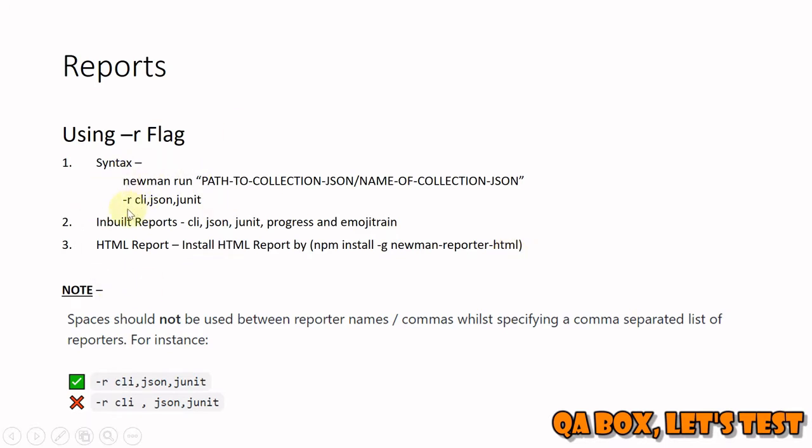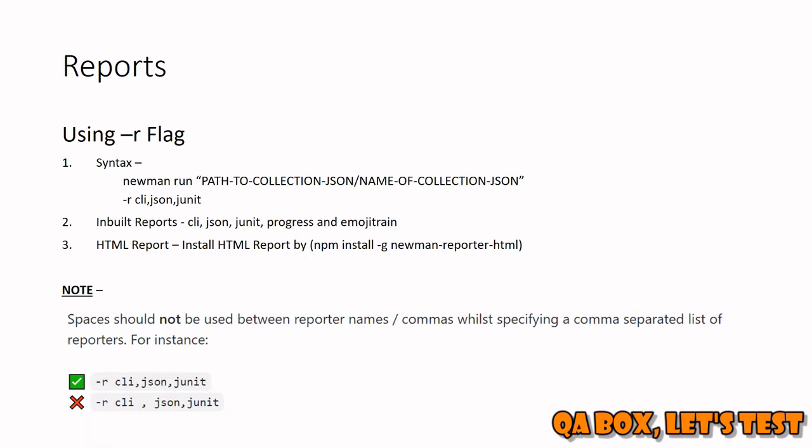And while executing this, take care that if you are supplying multiple report names, meaning you are trying to generate multiple reports, you have to use a comma between each of those reports, and there has to be no space. So this is the syntax. If you just have to generate one report, you don't require a comma, but if you need to generate reports in multiple formats, you of course have to use a comma.